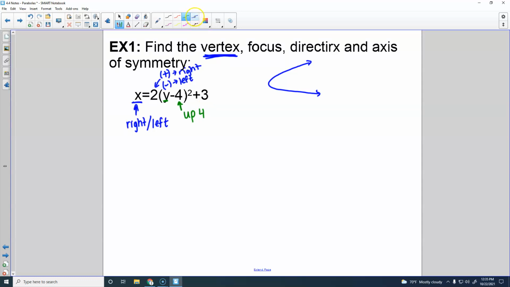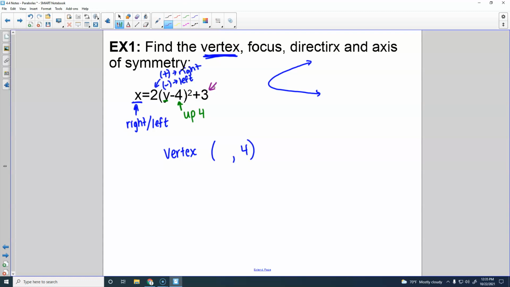Normally, our regular vertex would just be at 0, 0 if the parabola had not been transformed at all. So if we move it up 4, the vertex now is going to have a y coordinate of 4. If this number inside is moving it up or down, what do you think this number on the outside is doing?